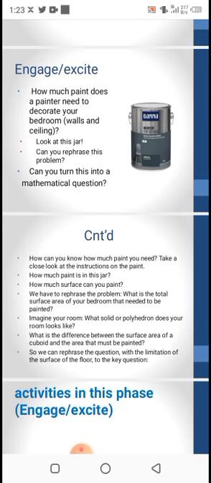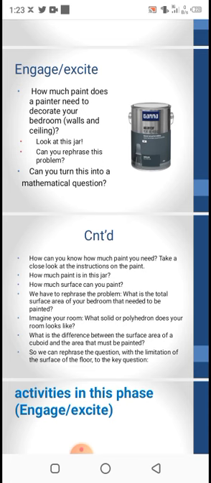Okay, here in the engage phase, as a teacher, you have to engage your learners. You have to help your learners to formulate the key questions. All those are key questions, but they can be formulated by your students, your learners.